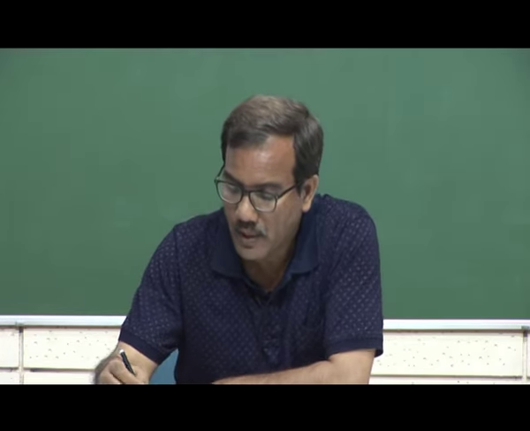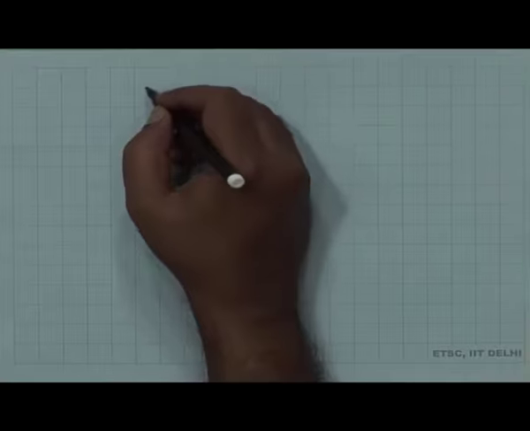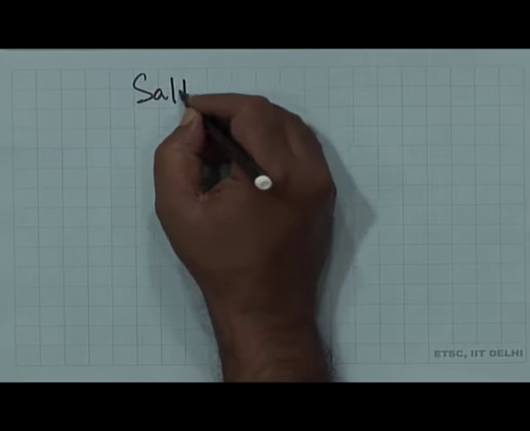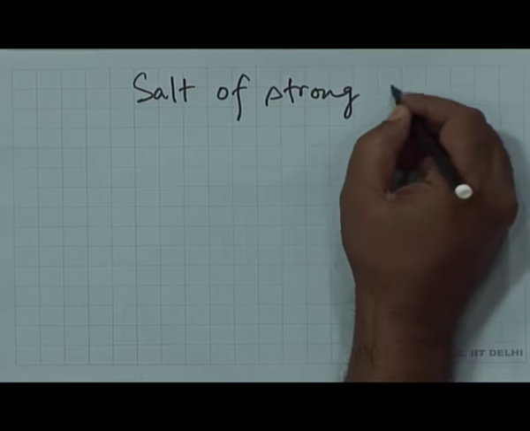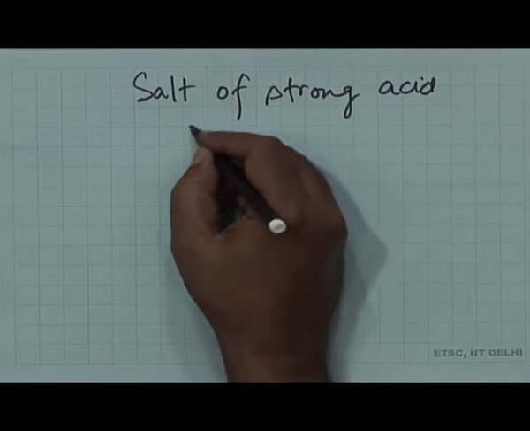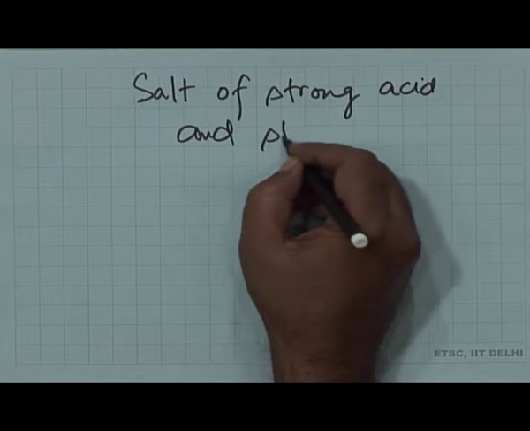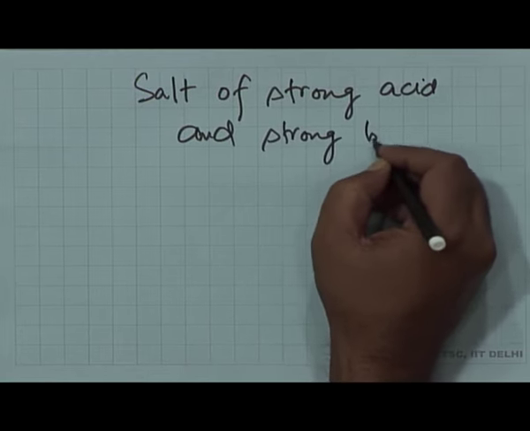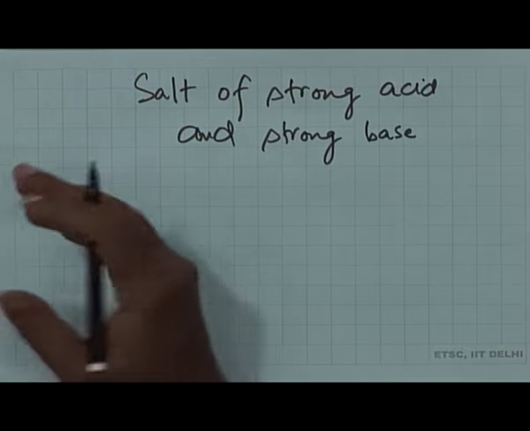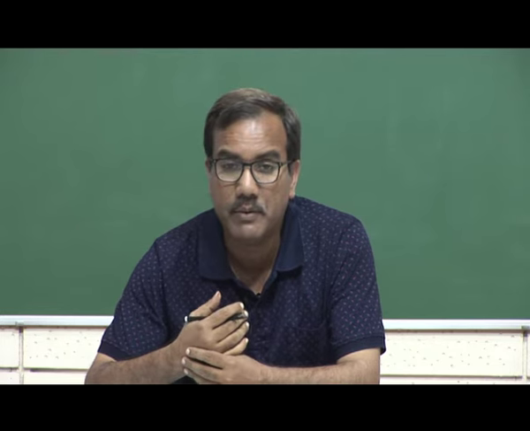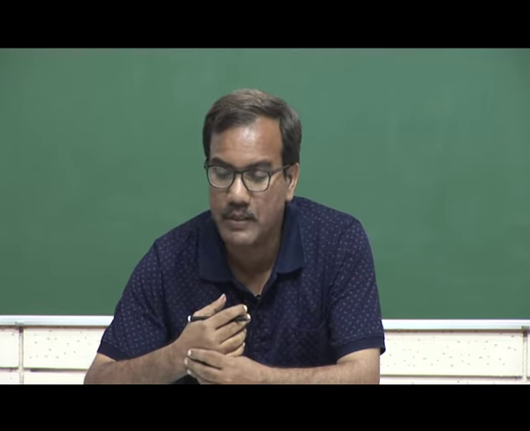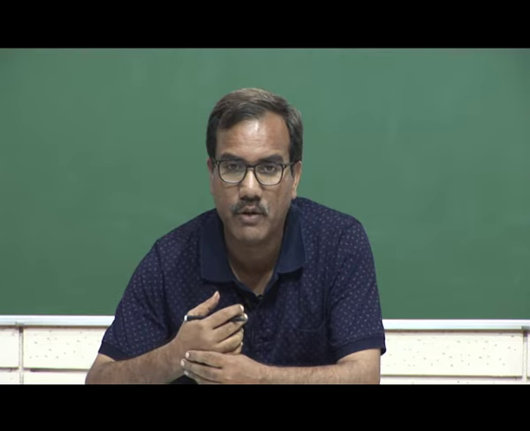So, let us discuss first salt of a strong acid and a strong base. And first we will discuss how they will behave and then we can discuss what will be the pH of the solution if we have a salt of a strong acid and a strong base.